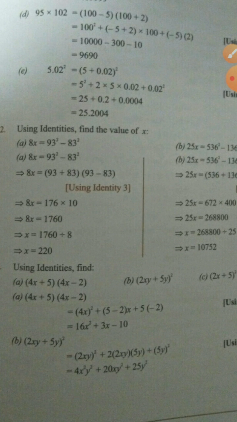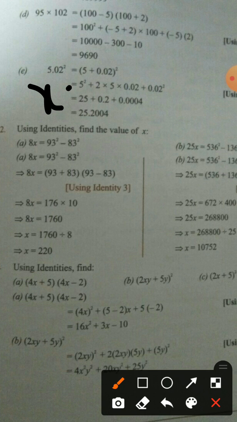Now using identities to find the product of two polynomials, here particularly is the case of binomials. Again, 4x plus 5 multiplied by 4x minus 2, it is somewhat like x plus a multiplied by x minus a. Better say x plus a multiplied by x plus b.